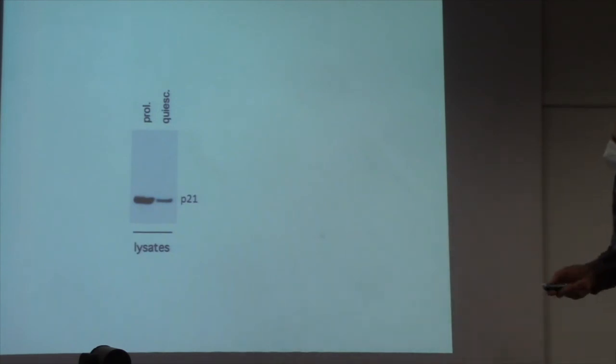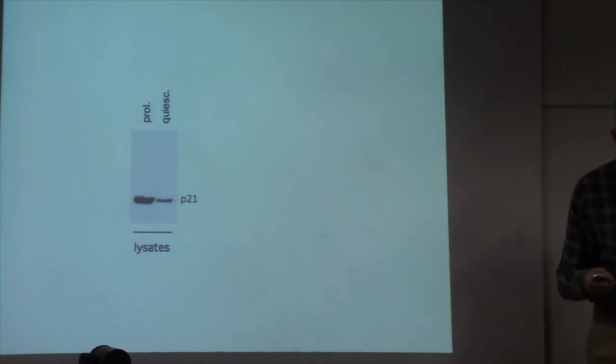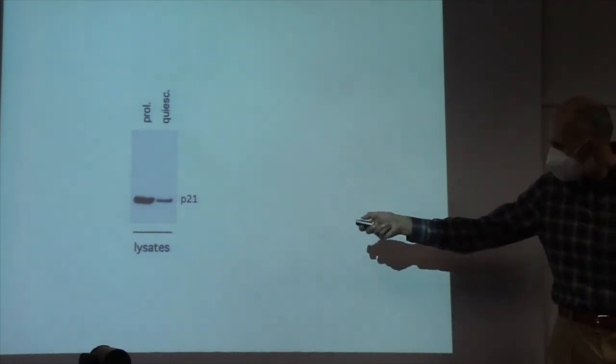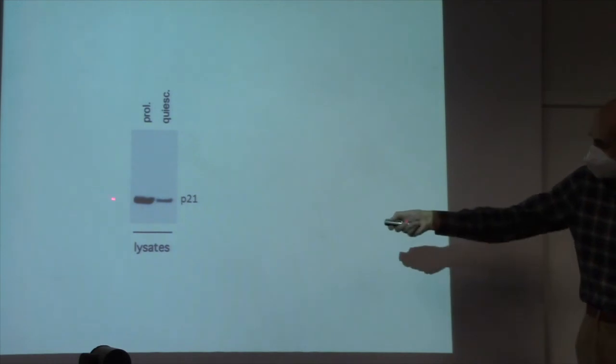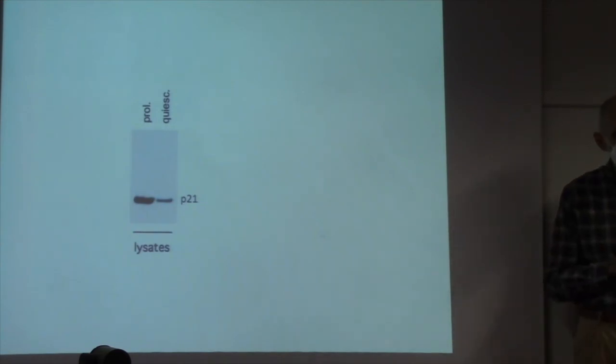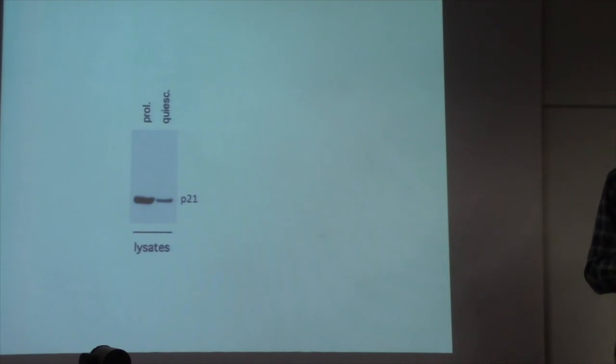Say this is perhaps 5 times less than the control one, than the proliferating band. We want to know how much P21 protein is in that band, which we can then use, if necessary, to calculate, say, how much protein is in the whole culture on an individual cell, if necessary.